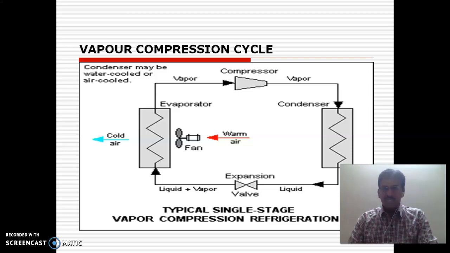So that is the basic difference between the evaporative cooler and the water cooler, as we are using the basic vapor compression cycle in a water cooler. In that we use a compressor, condenser, expansion device, and evaporator. These four basic components are absent in the evaporative cooler: there is no compressor and no condenser.